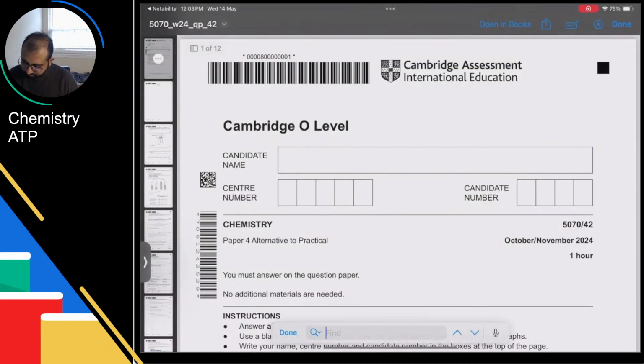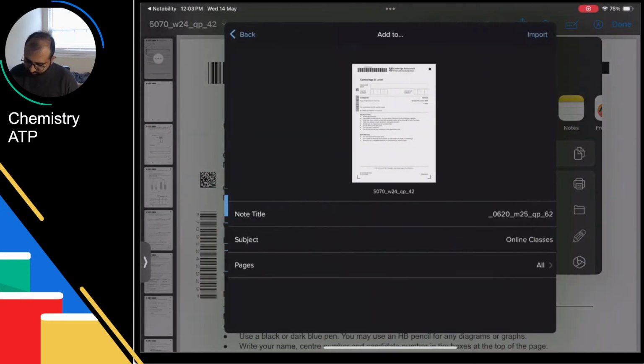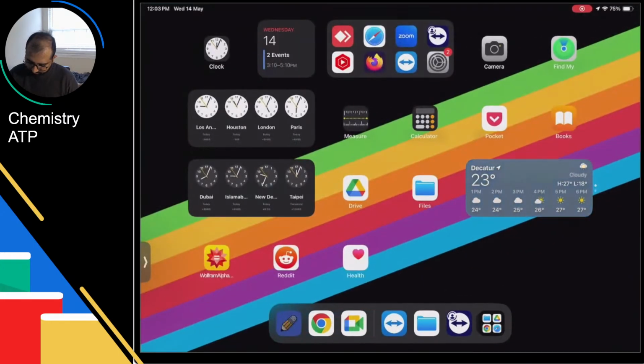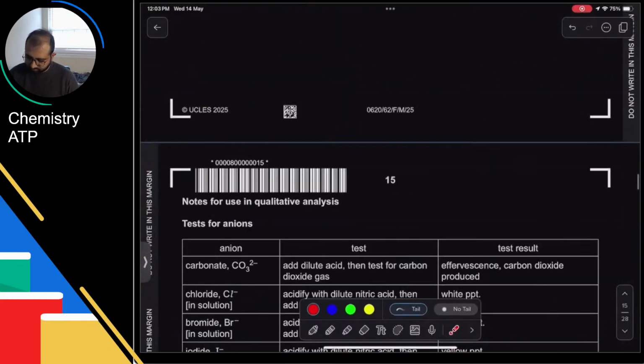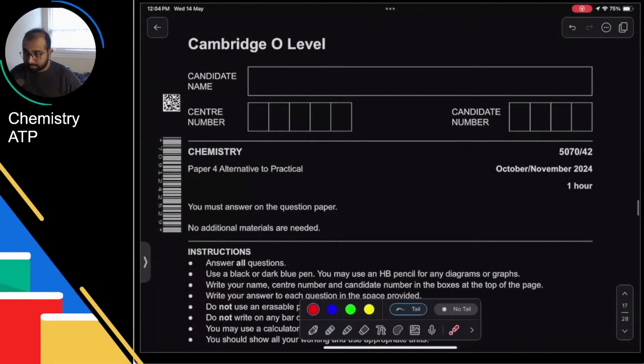All right, so this is the paper that you have.